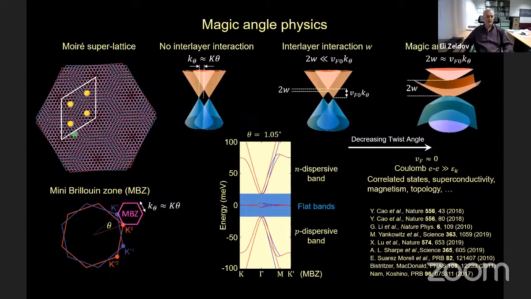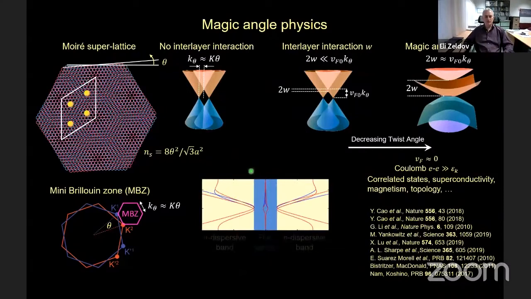The unit cell depends on the angle: if we increase the angle, the unit cell shrinks, and if we decrease the angle, it expands. This is what determines n_s, the carrier density that fills the flat bands. And it is given by theta, the twist angle, squared, where a is the interatomic distance. So if we know n_s, we know theta, and vice versa.